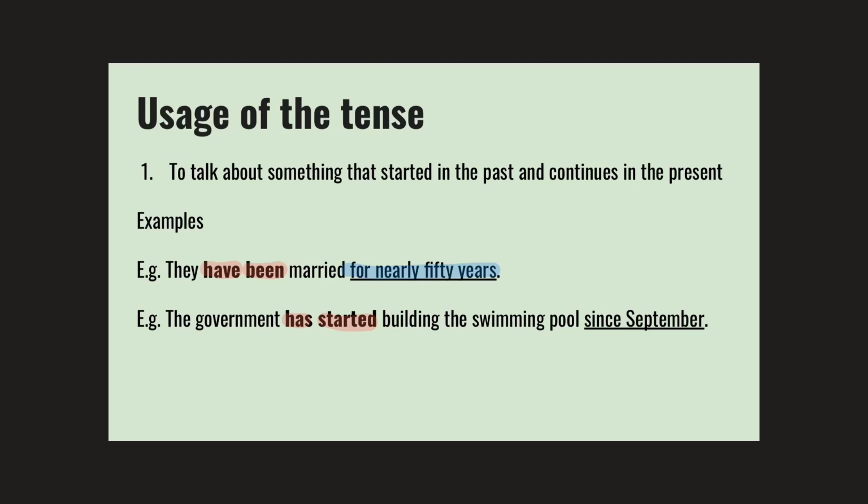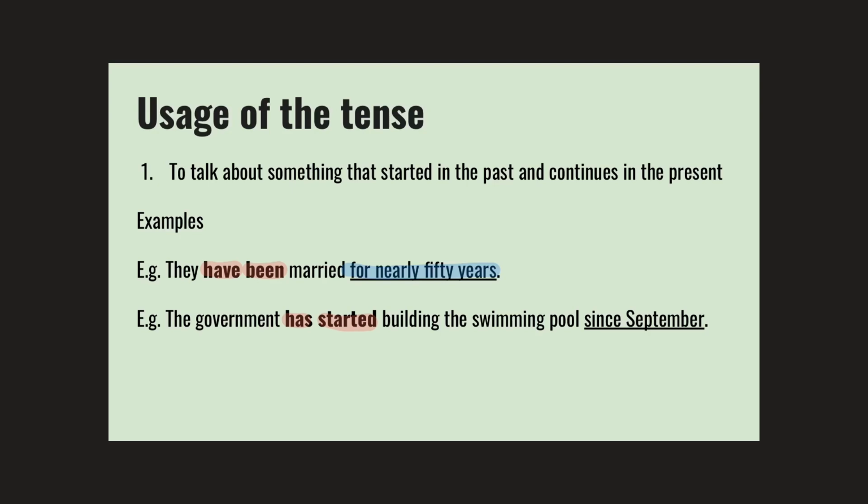No. The action of marrying started 50 years ago and it hasn't ended. So the action of marrying continues. It started in the past, 50 years ago, and it continues to the present. So they are an old married couple.